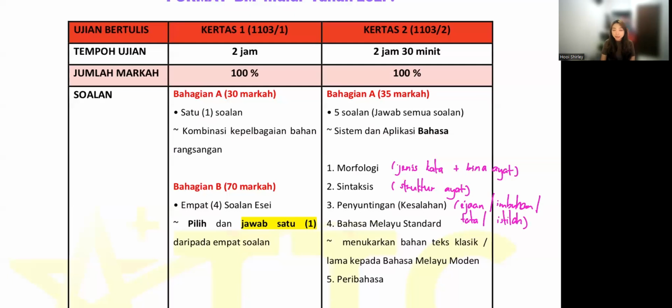Ejaan is spelling, imbuhan is like ber, tata bahasa is grammar, istilah means kosakata, vocabulary.